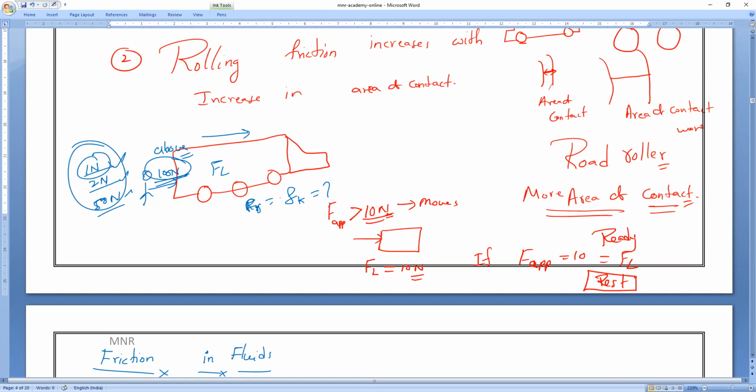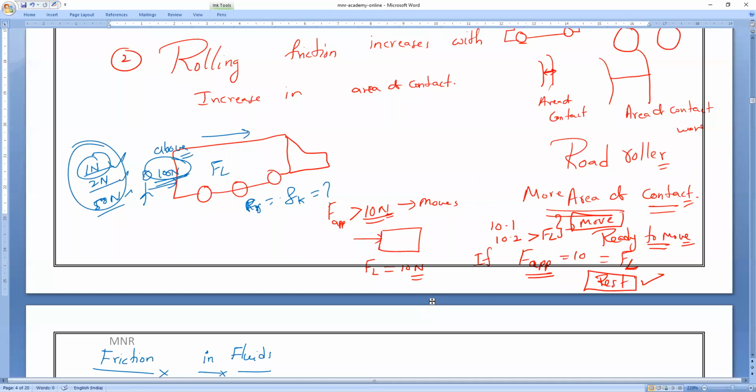If applied force equals F limiting, the body is ready to move but is not actually in motion. It wants to move, but it won't move. If I apply 10.1 Newton, 10.2 Newton, which is greater than F limiting, then the body will start moving. Is it okay, guys?